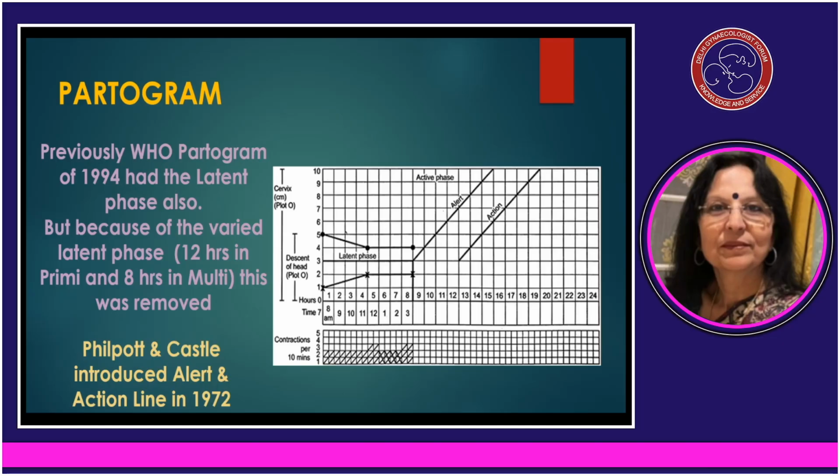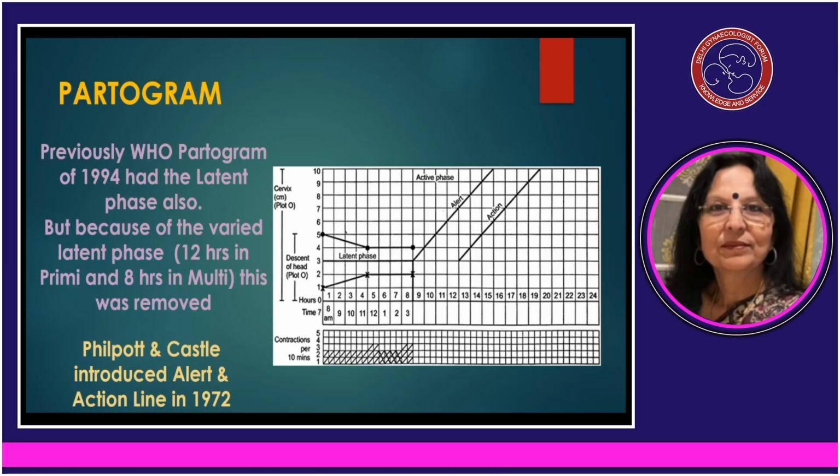So because of this varied phase, this went into disrepute. And the concept of this alert and action line was given by Philpott and Castle in 1972. And this started after the latent phase. But because of this variable latent phase, this partogram was also removed.